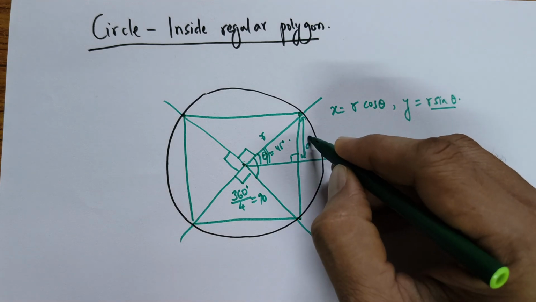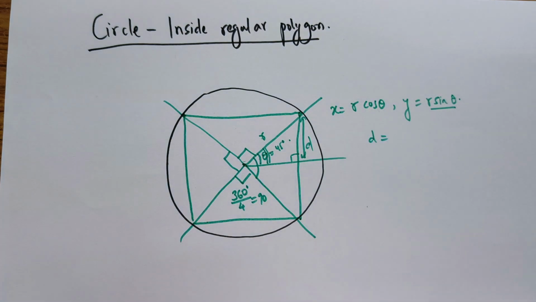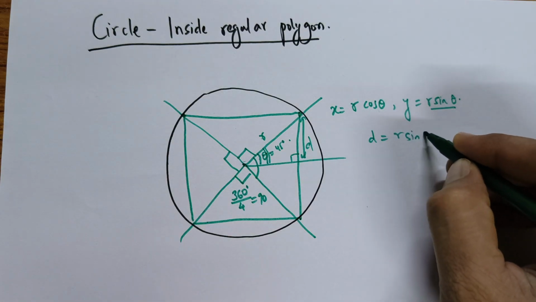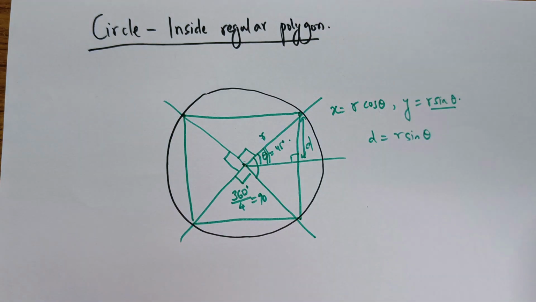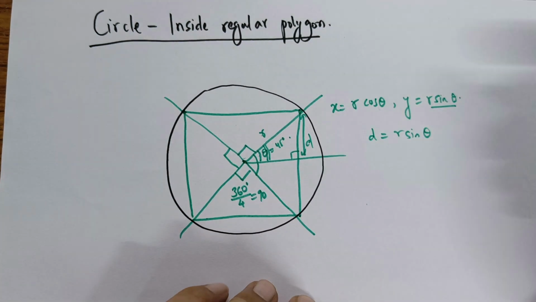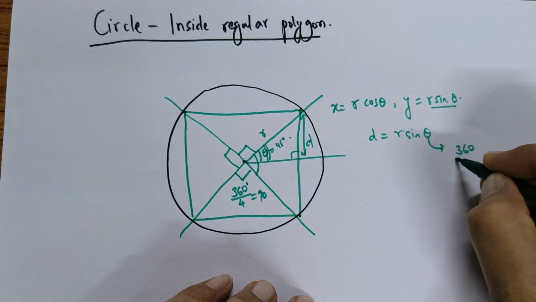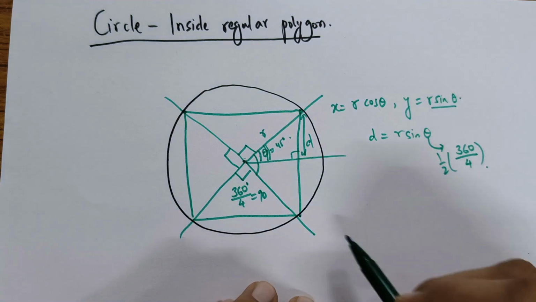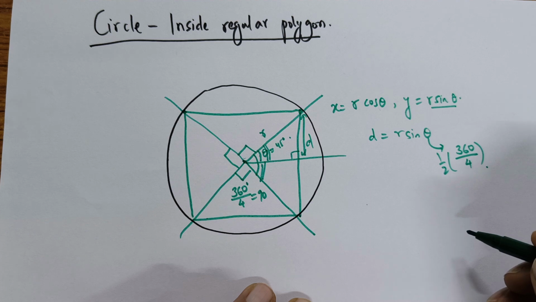So this distance d is going to be r times sin theta, where this theta is 360 divided by 4 and half of that. It has to be half of that angle, either this side or that side, right?